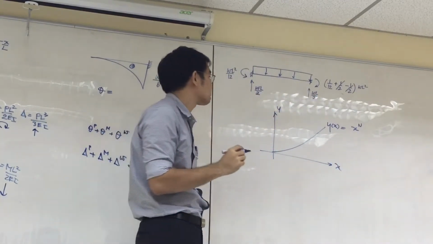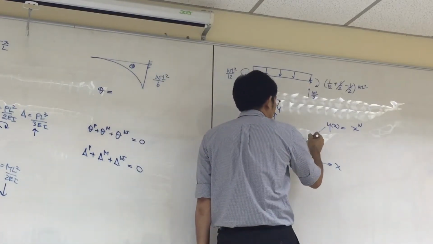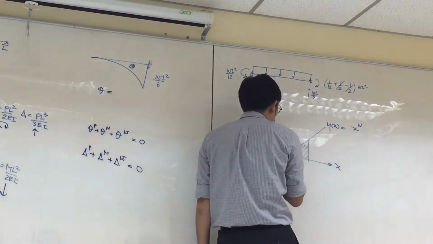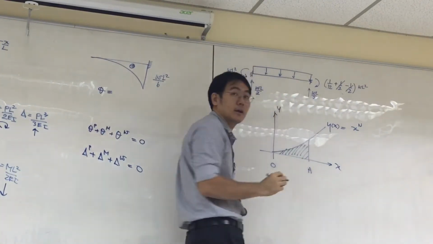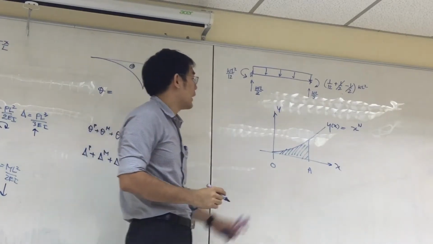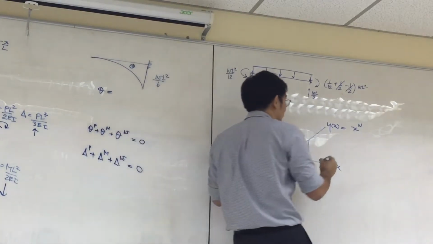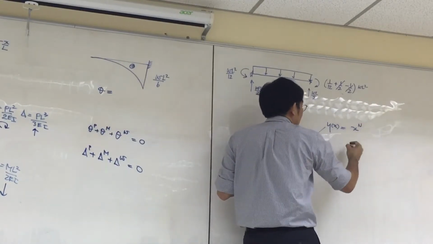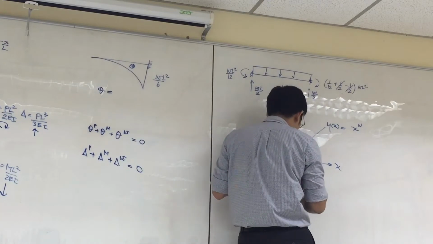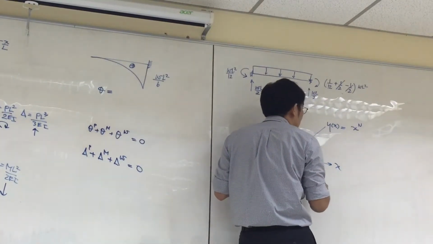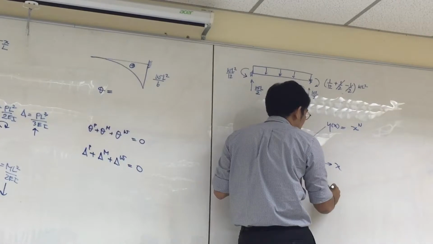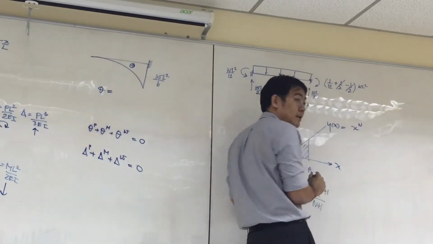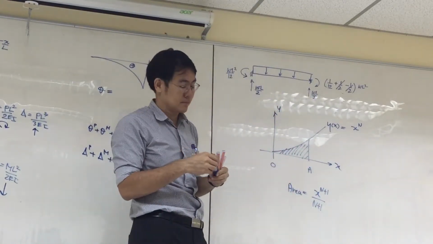From zero to a, let's say area comes from integration of this function with respect to x. So if you integrate, then area equals x to the n plus 1 divided by n plus 1, right?